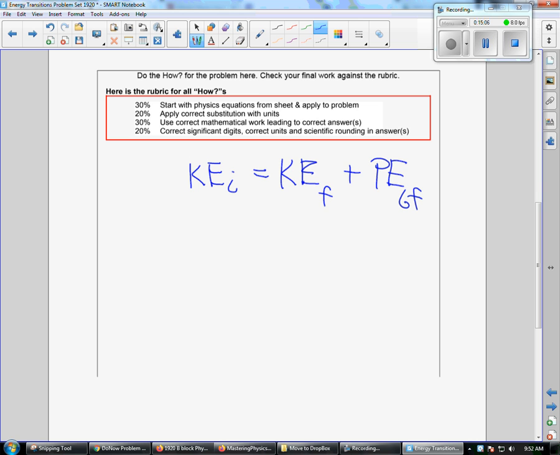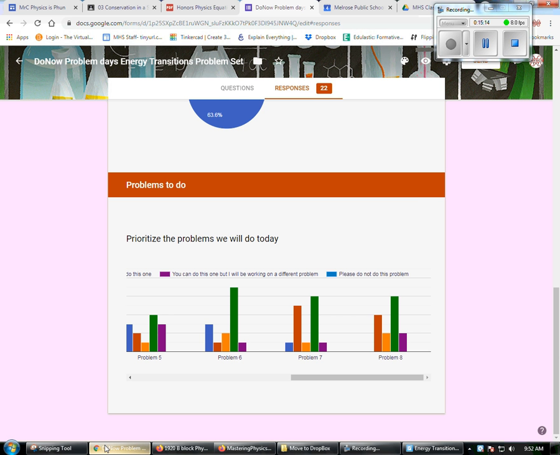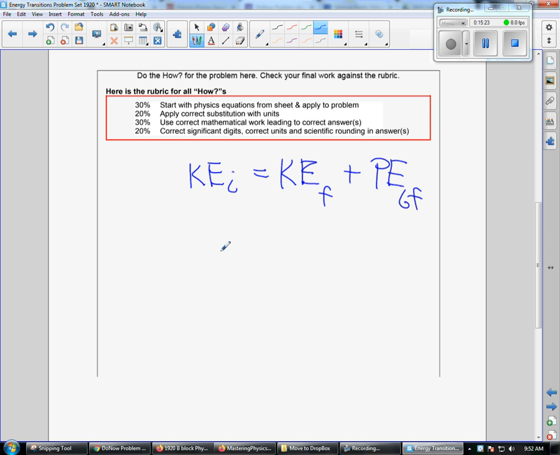Grab some of my equations here. I want to know that final height, so, ooh, I think I already have that. Good, so I can paste that in.